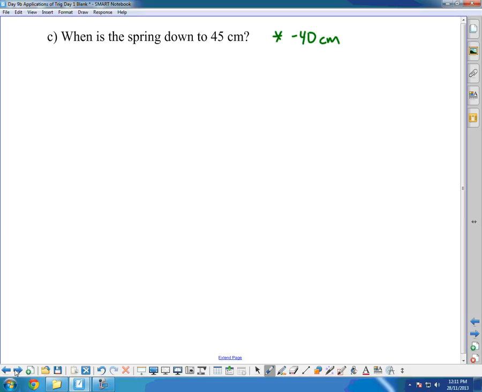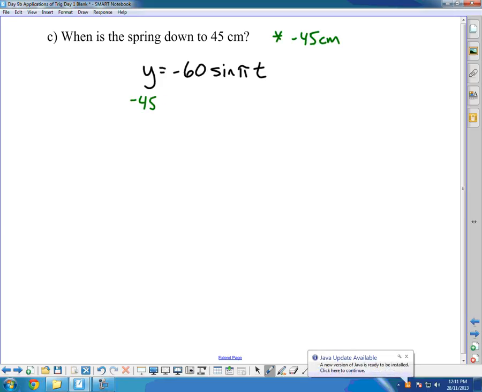Okay, so we have our original equation, which we figured out last day, y equals negative 60 sine pi t. Sorry, not negative 40, negative 45. So we have y is negative 45, so negative 45 equals negative 60 sine pi t.